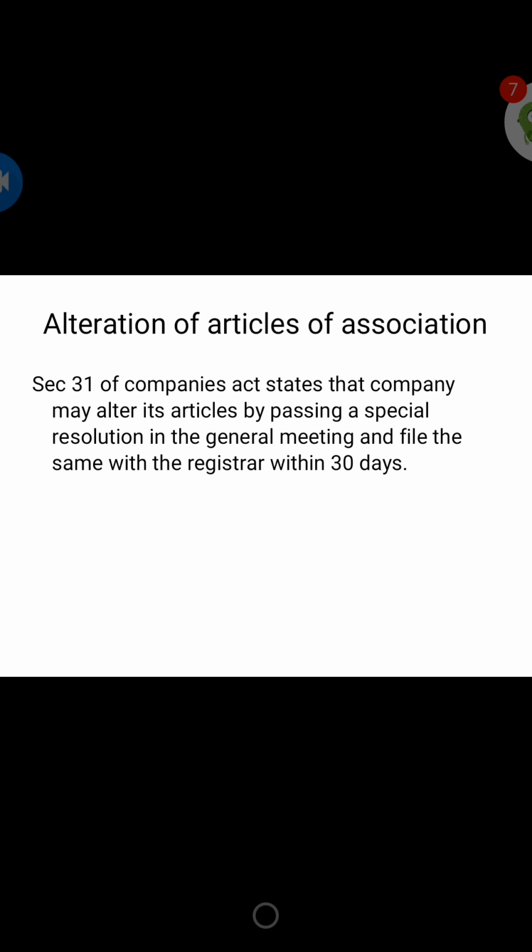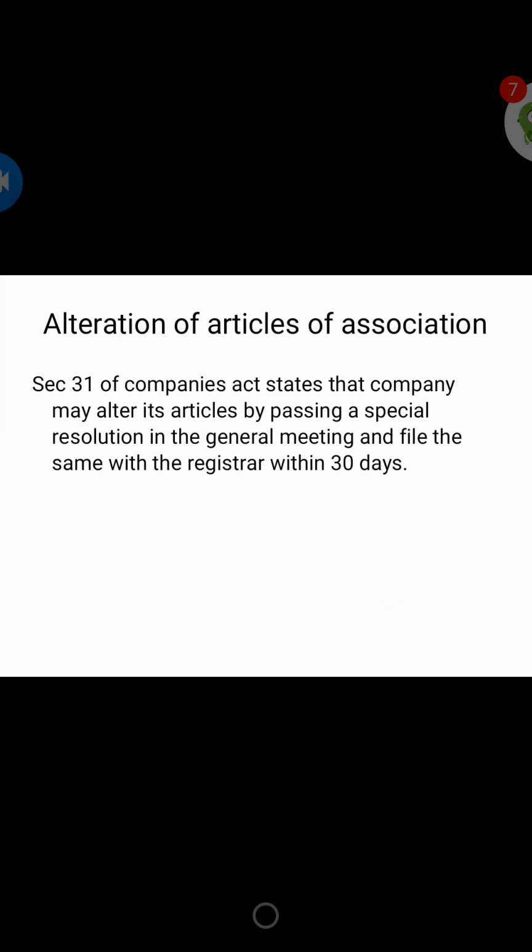alteration. I said in the beginning that it is a power given by the Companies Act itself to change the articles, which means it is a statutory power, and this power cannot be taken away by any provision either in the articles or in the memorandum.